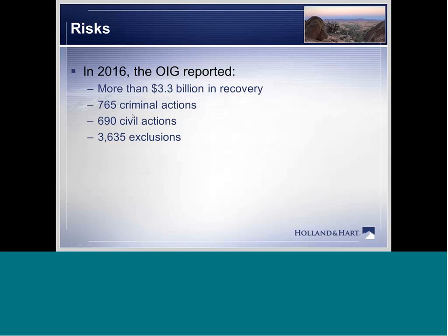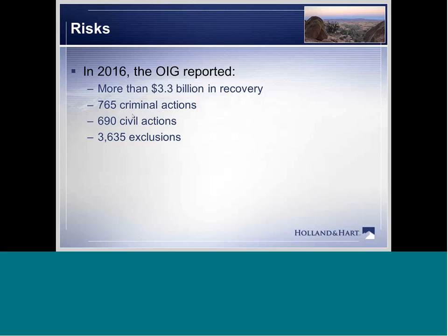And just to put a little bit in perspective how active the government is and continues to be in terms of going after fraud and abuse actions and things that all could relate to compliance activities. Last year, the OIG reported that the government recovered over $3.3 billion, and that came from a variety of activities, but making up the activities were 765 criminal actions, 690 civil actions, and over 3,600 exclusions.